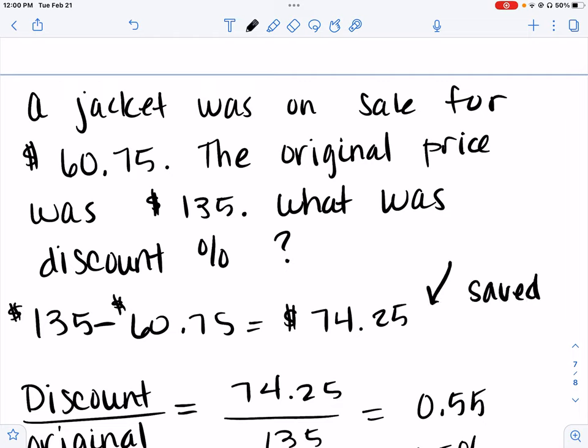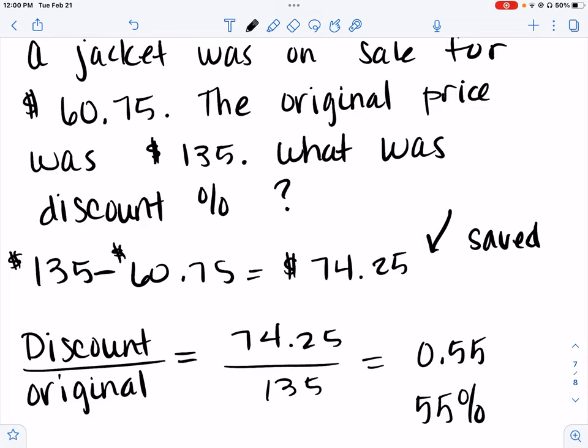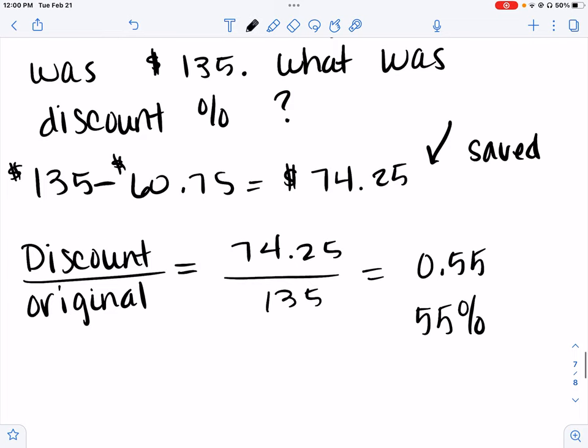Okay, we saved $74.25. Okay, so we saved, our discount was $74.25 out of the original price. Okay, remember, we just divide on our calculator to get our decimal, and then move it 2 times to get 55%.